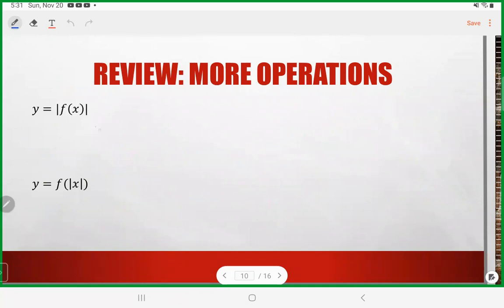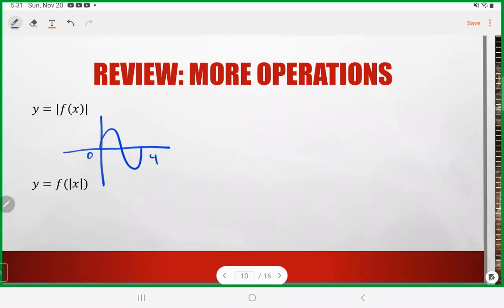So of course we have our trusty example graph here. It's 0 to 4. Now, what happens when the y value is the absolute value of x? That means the y value has to be greater than or equal to 0.